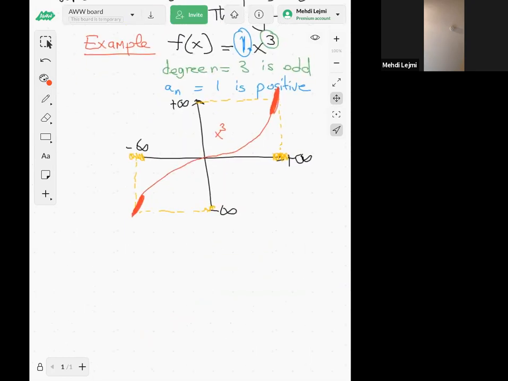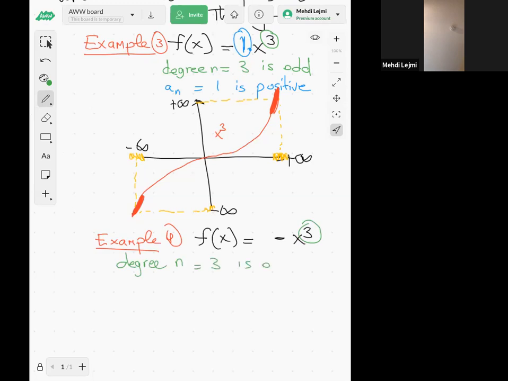Of course, now let's take a negative x cubed. This is example number 4. Let me take f of x equal to negative x cubed. The degree n, the highest power, is odd, and the leading coefficient a subscript n is -1, so it's negative, right?